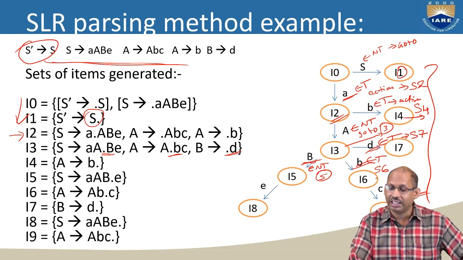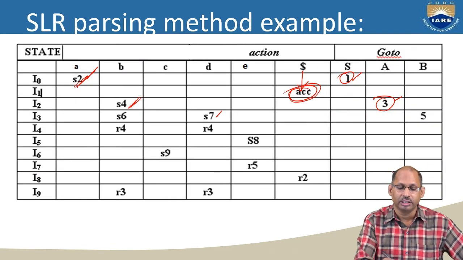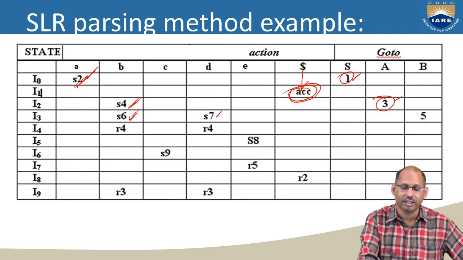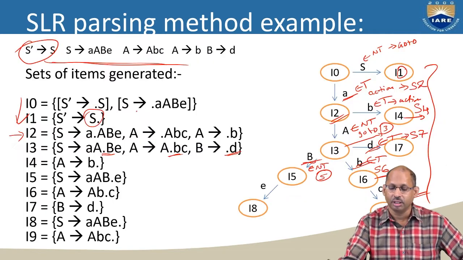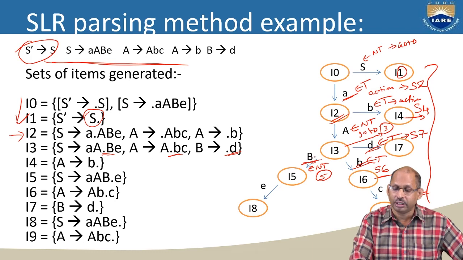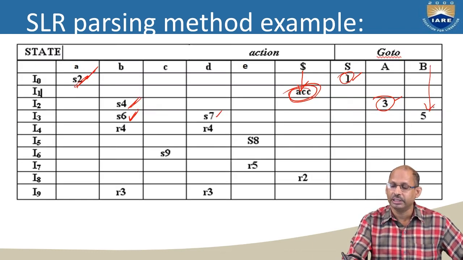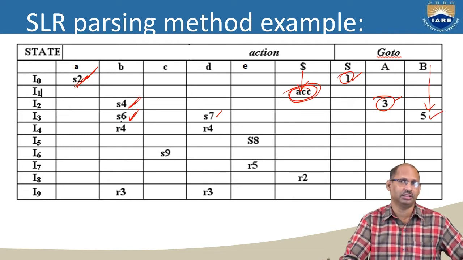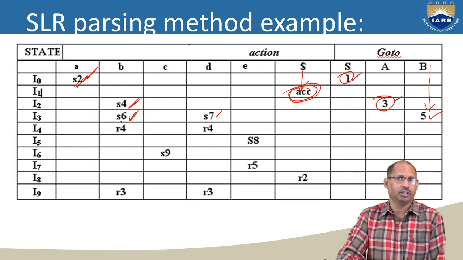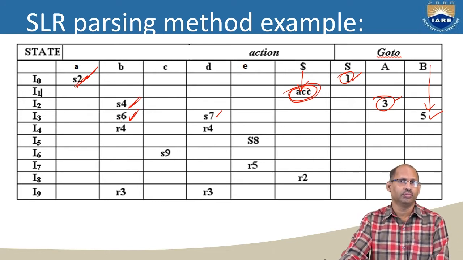In B, we write S6. I3 on the non-terminal is 5. So 5, S7, S6. Is it clear?